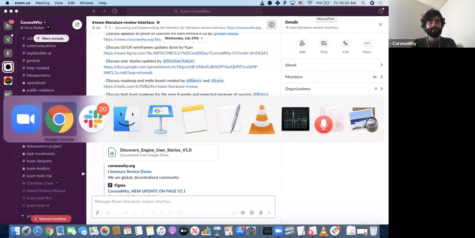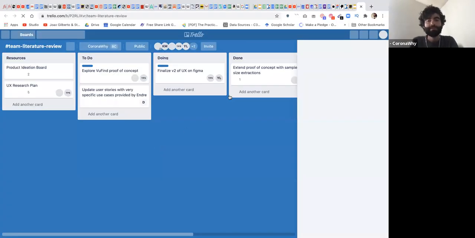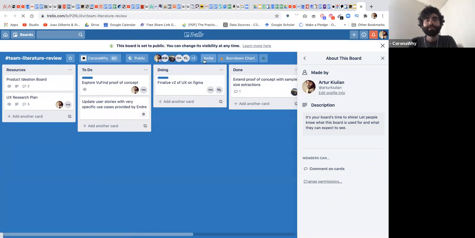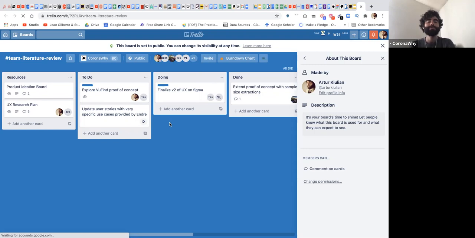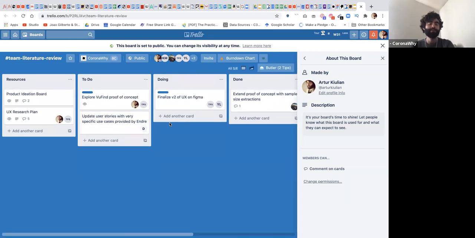Cool. So we talked through the first items on the agenda. Then there is a Trello board that I wanted to bring attention to. If you're not able to join it, just let us know. I sent the public link to join it. But basically, we're trying to create a shared space where we can see which things are happening and who does what and who is planning to do what.